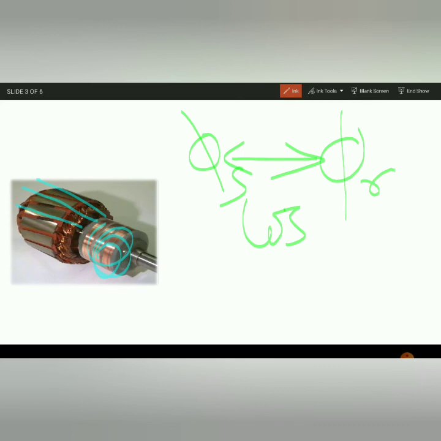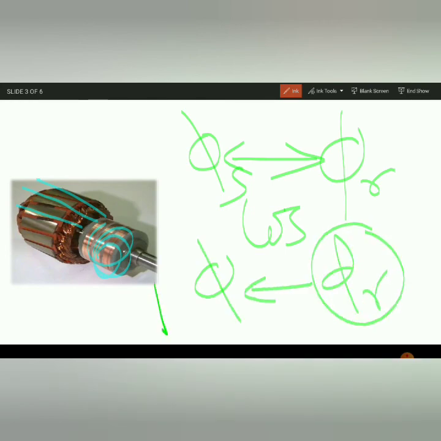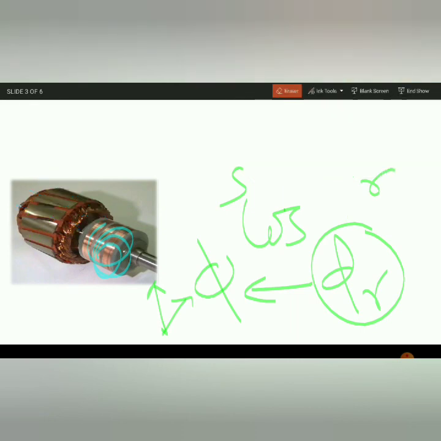To avoid that, the rotor magnetic field should be a little inclined with respect to the stator flux. To get this inclined magnetic field, we make the rotor slots inclined, not exactly parallel to the stator slots. That's the reason the rotor slots are always a little inclined.